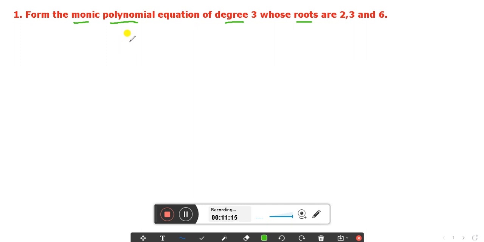For example, x square plus 5x plus 6, the x square coefficient is equal to 1. Such equations we call monic equations. So we need to get a monic polynomial equation which is third degree, and its roots are 2, 3, 6. How to write that?